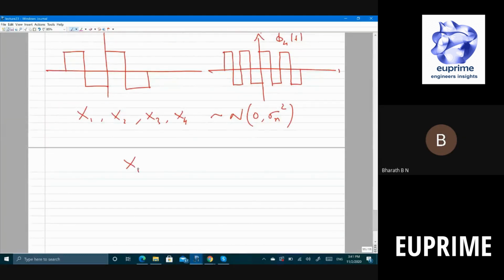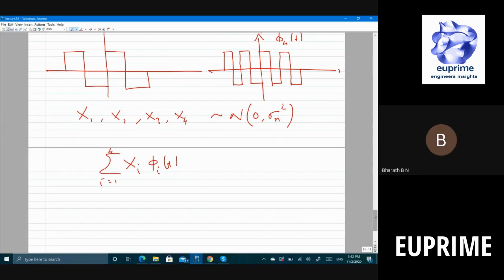I'll just do the sum of xi phi i of t, i equal to 1 to 4. This is an example of a Gaussian process. Very simple because I only have a finite sum. There is no question of convergence, because it's finite.